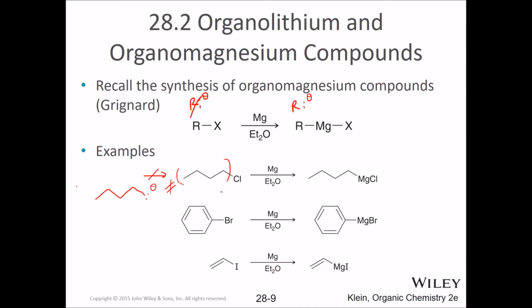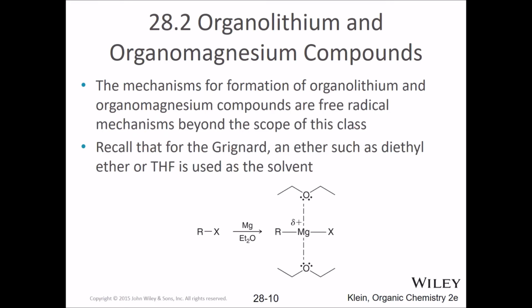Okay, so these reactions are all identical to the organolithium compounds. But Grignard is slightly different in the way it looks. And this, you can see, is done not in a nonpolar solvent like hexane, but in a polar, and importantly, aprotic solvent. No protons around. The mechanisms for formation of organolithium and magnesium are free radical, beyond the scope of this course.